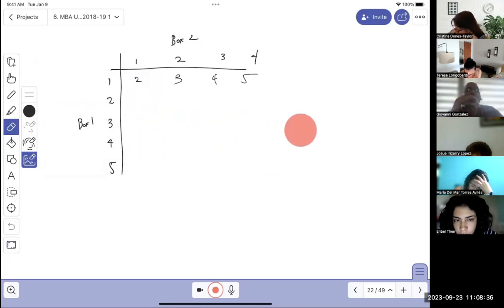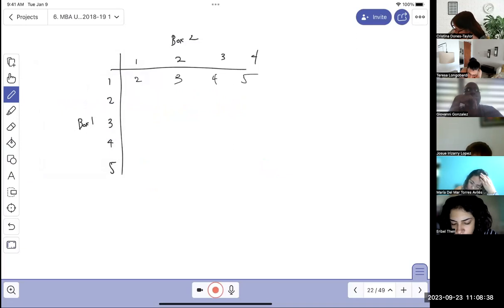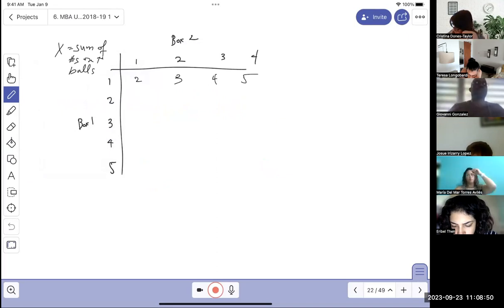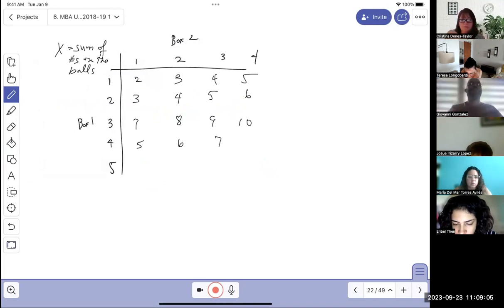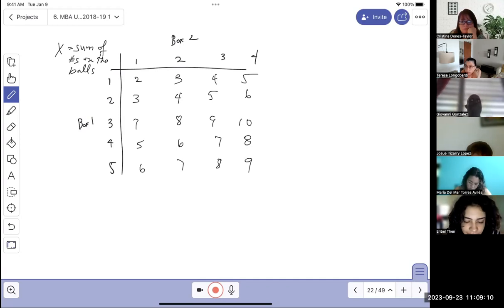Rather than putting them side by side, I'm putting the sum. Sum of the numbers on the balls. So this is 3, 4, 5, 6, 7, 8, 9, 10, 5, 6, 7, 8, 6, 7, 8, 9.